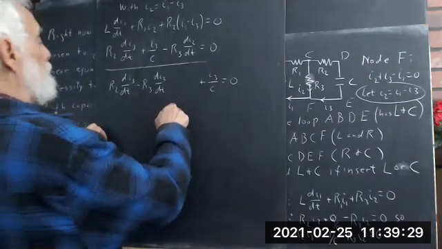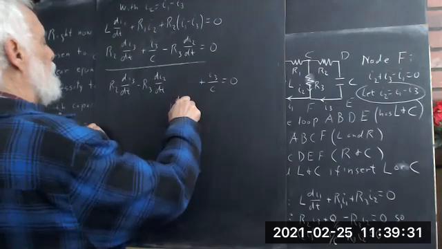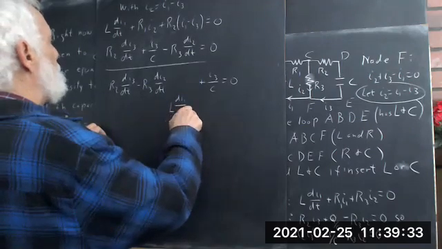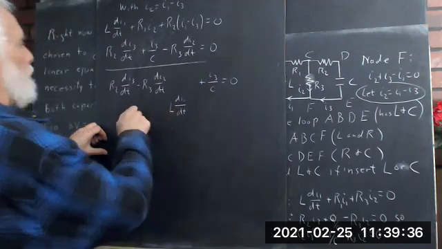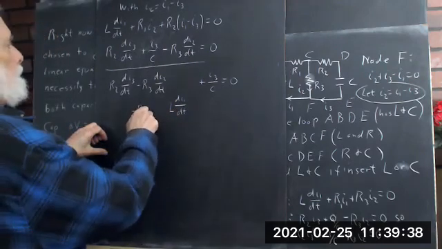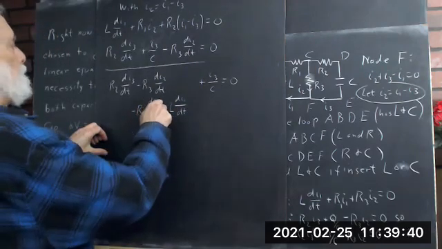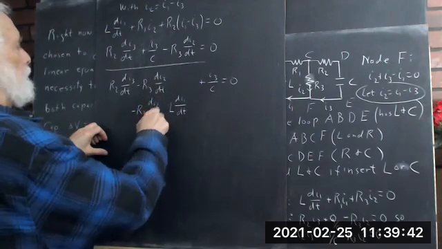And then we have L dI1/dt and negative R3 dI2/dt, and something's wrong there.